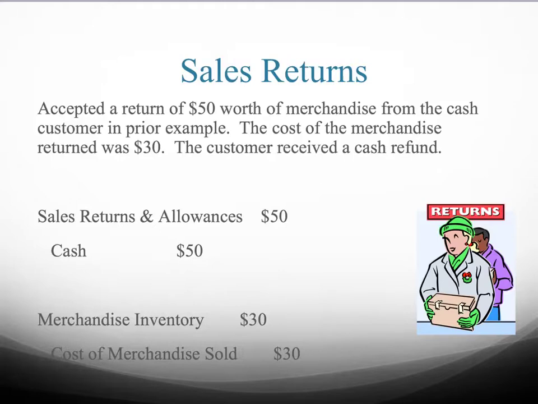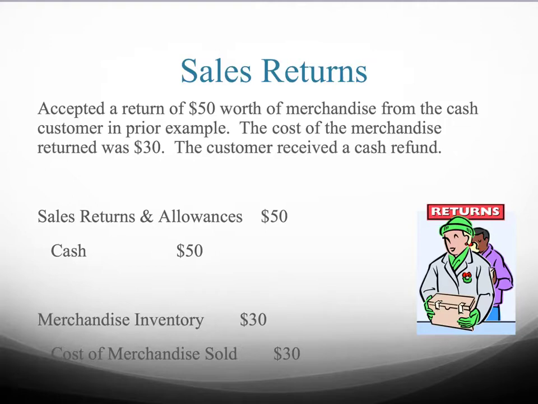Now we're going to look at how we handle sales returns. Let's start with an example. Accepted a return of $50 worth of merchandise from the cash customer in the prior example. The cost of the merchandise returned was $30. The customer received a cash refund.